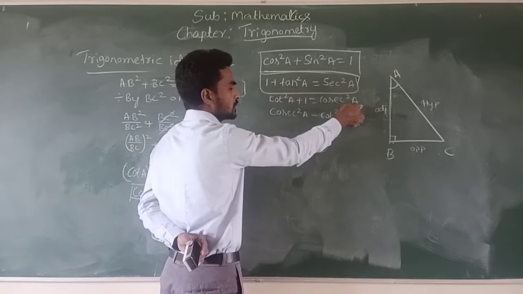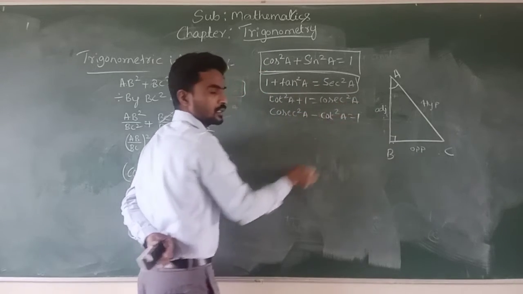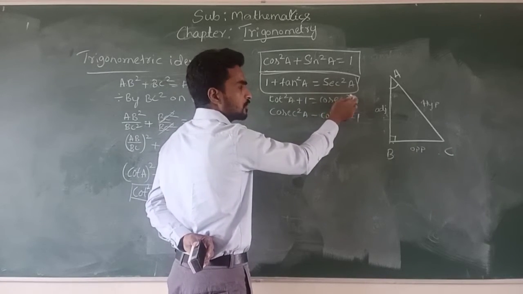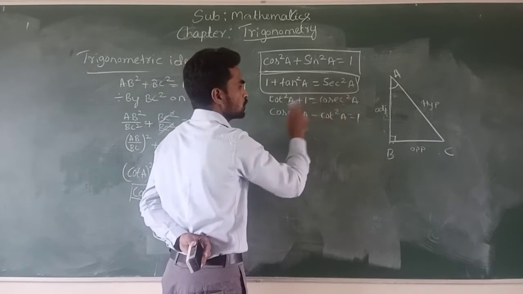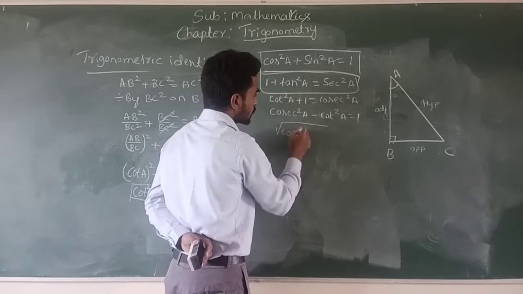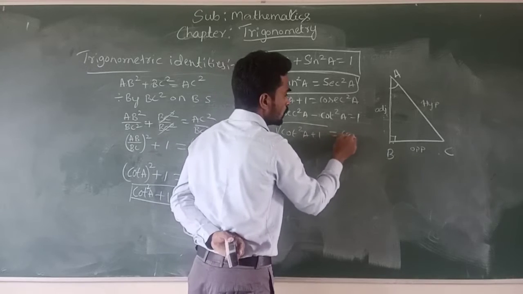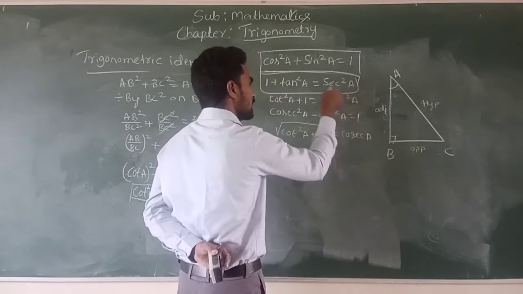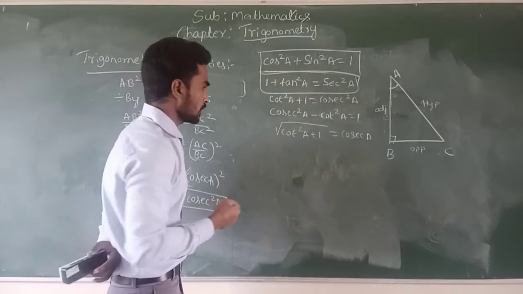Then for cosecant A, taking square root on both sides, we get square root of cot square A plus 1 is equal to cosec A. This is also a modified identity.